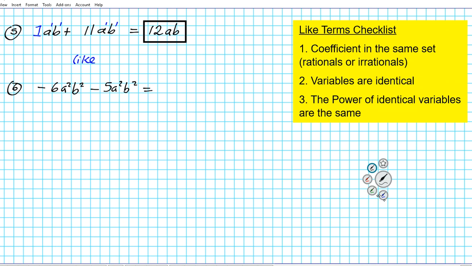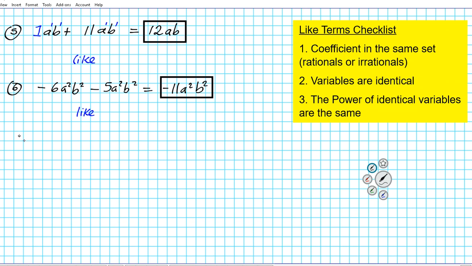These two terms are like terms, so we can combine. Combine the coefficients, negative 6 minus 5. The signs are the same. You add and keep the sign. So negative 11 a squared b squared. That is the answer to question number 6.